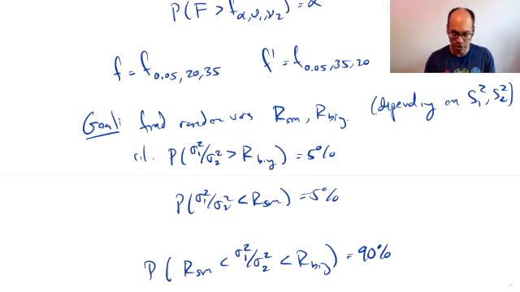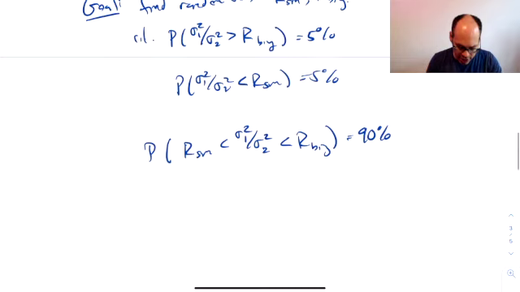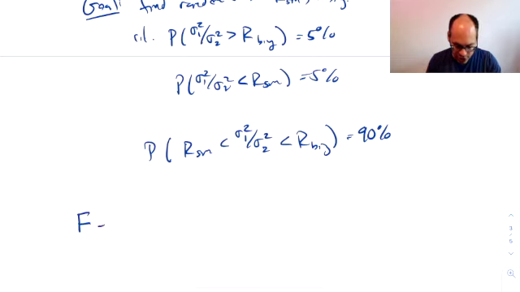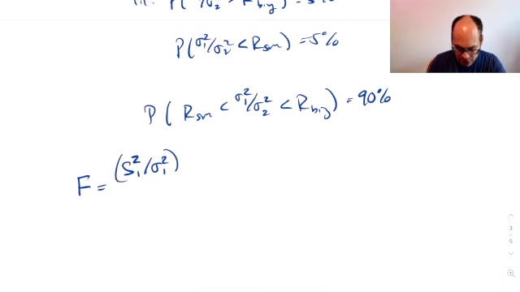So let's write what we know based on the definition of these f's. We have a particular F variable with these 20 and 35 degrees of freedom, which is the sample variance number 1 divided by the population variance number 1, divided by s2 squared over sigma 2 squared.